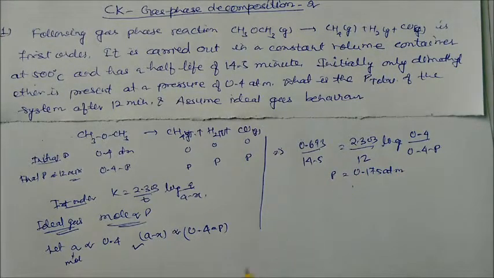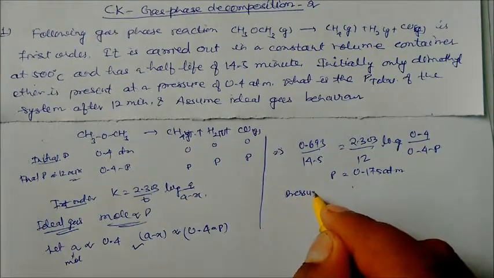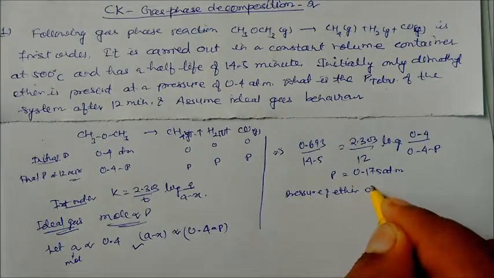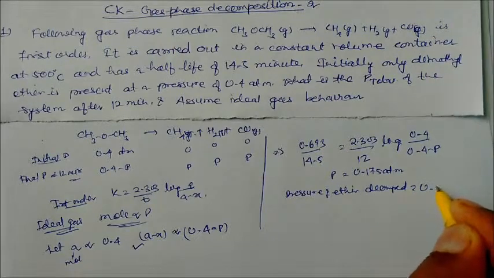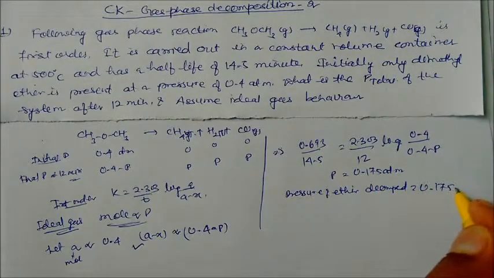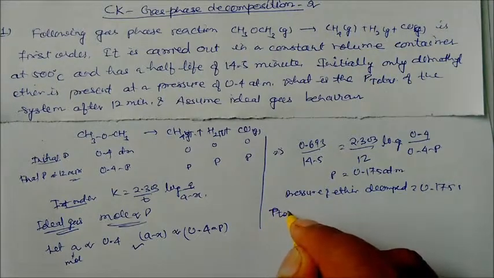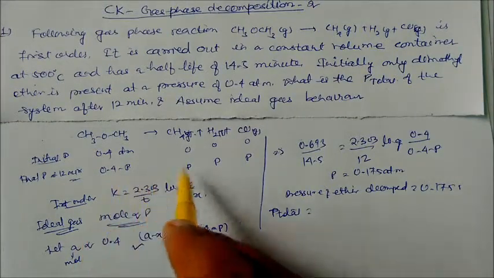Now we have to calculate the total pressure. The pressure of ether decomposed is 0.175, and the total pressure, you can see, we have to add all these things.